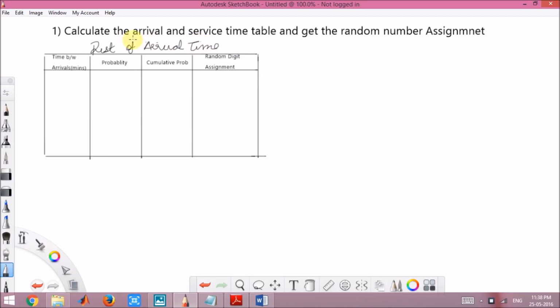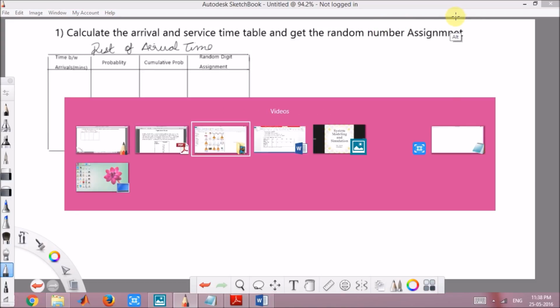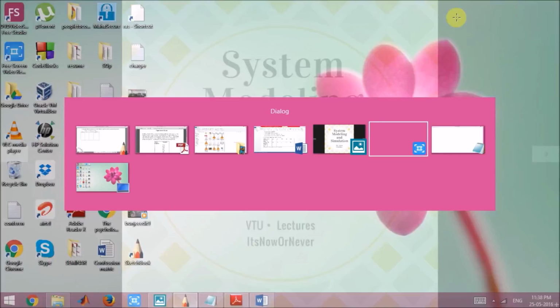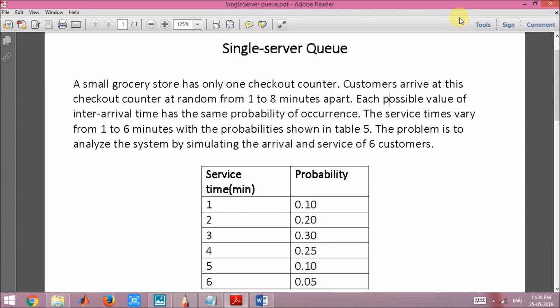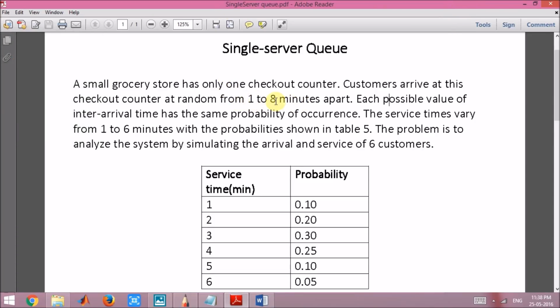The first thing is time between arrivals. The thing that they have mentioned is that it is 1 to 8 minutes apart.